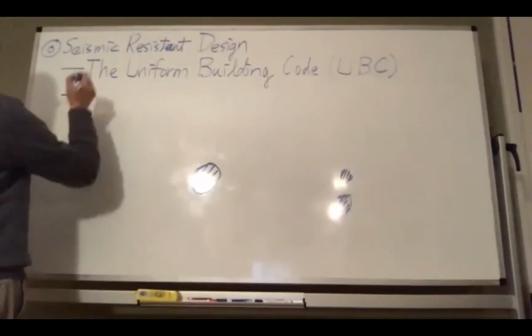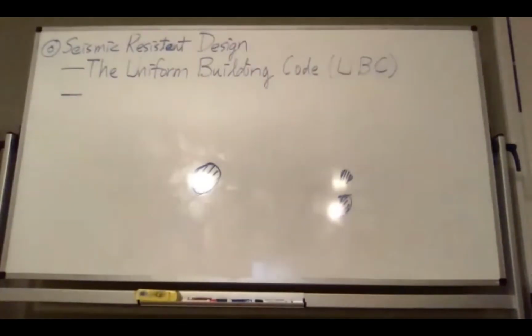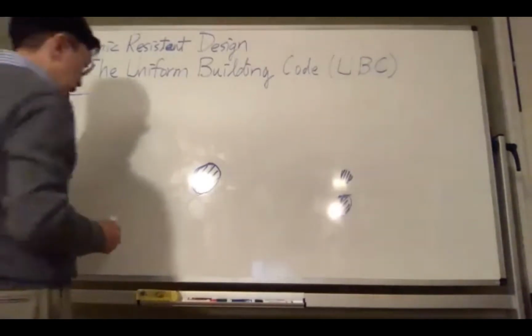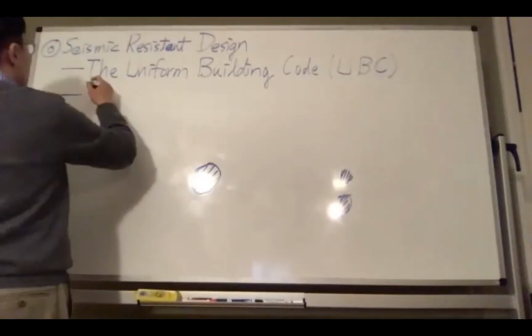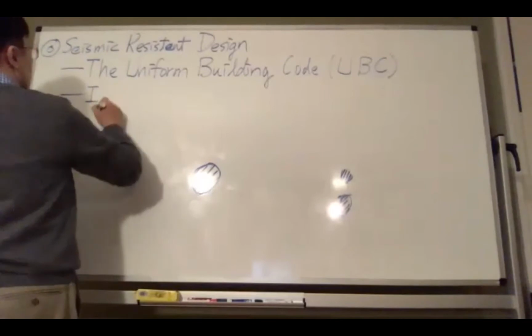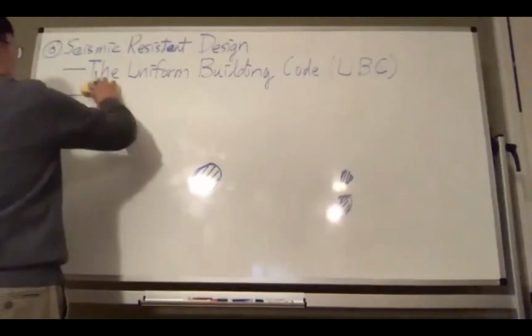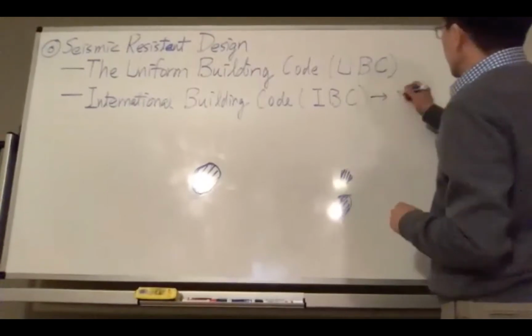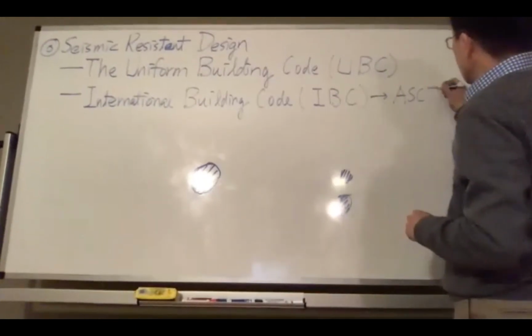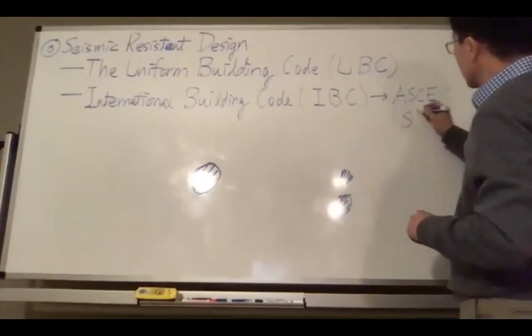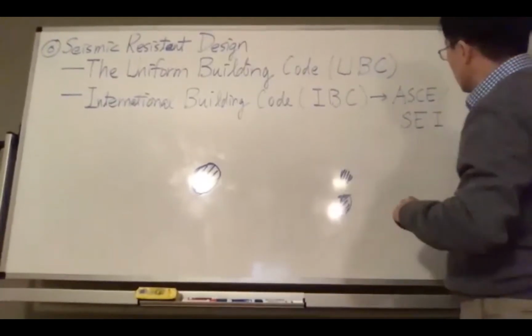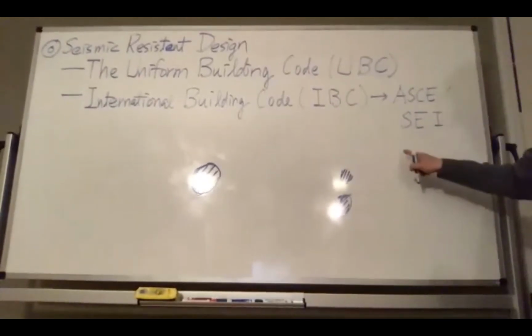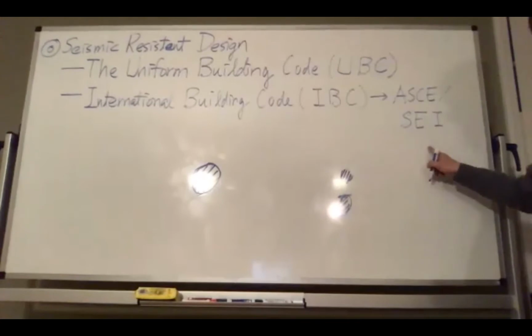And there's another organization that also issues design codes, and this is what we call the International Building Code. Now, IBC is very closely related to ASCE or SEI. SEI stands for Structural Engineering Institute.